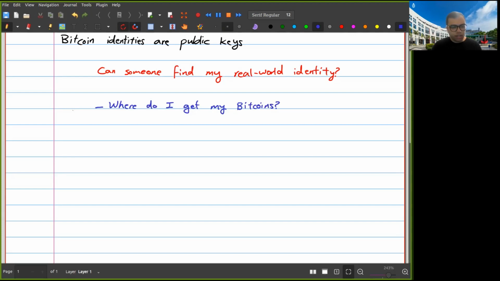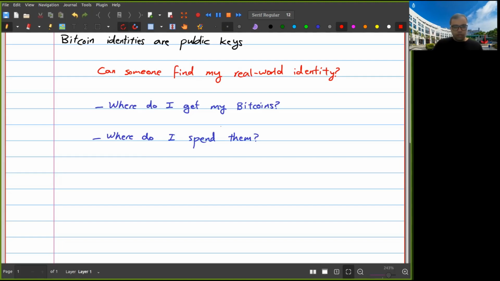This is the buying side of things. And then the second question is, where do I spend my Bitcoins? Of course, this one includes conversion back to fiat currency. It also includes buying some real world items.